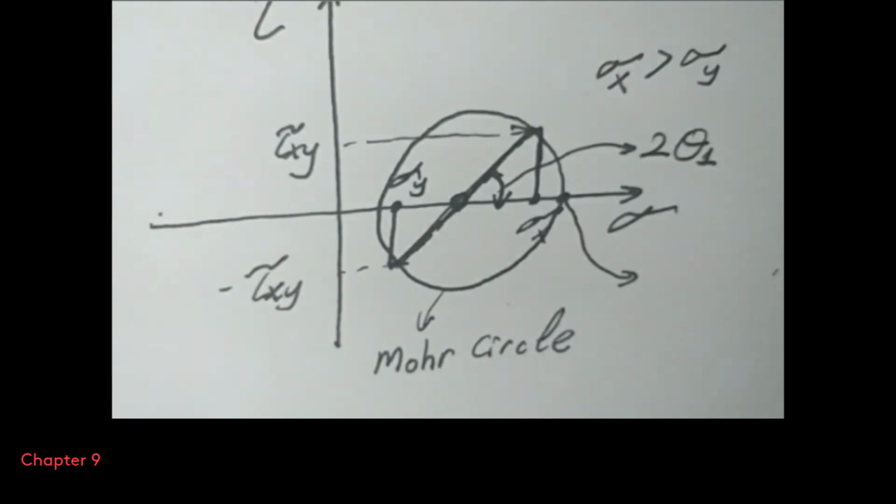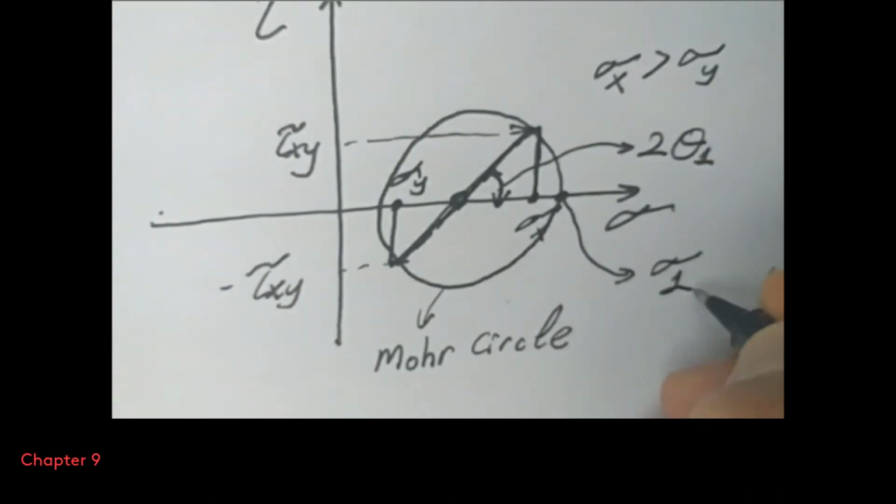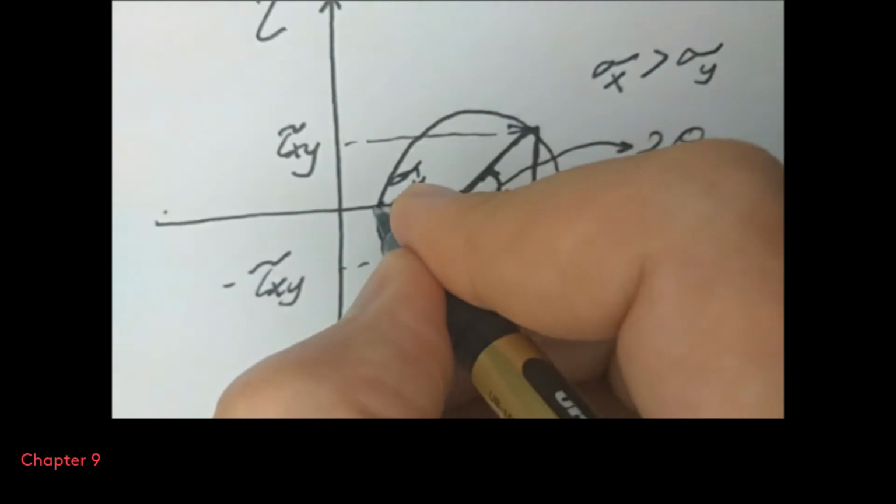So let's say this is sigma 1, and this is sigma 2. Now by using geometry, we can easily calculate the principal stresses. It is very simple. The coordinate of this point is sigma x plus sigma y divided by 2.